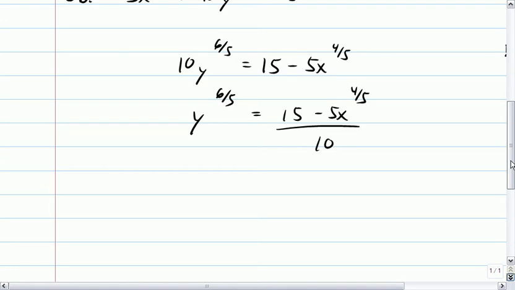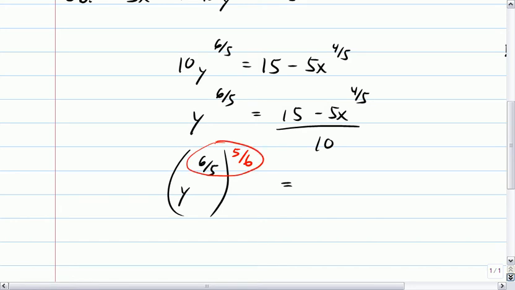Then if you raise both sides to the 5/6 power, the only way to get rid of the exponent of 6/5 is to hit it with a 5/6. So then when you multiply these two exponents, you'll get 1.